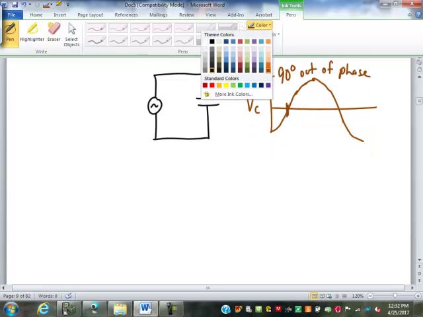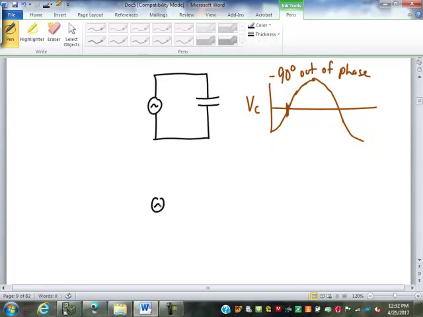If you have an inductor, it's the current that lags in an inductor, right? So we do have to have a voltage there. But what happens in an inductor is the inductor will be at peak voltage.